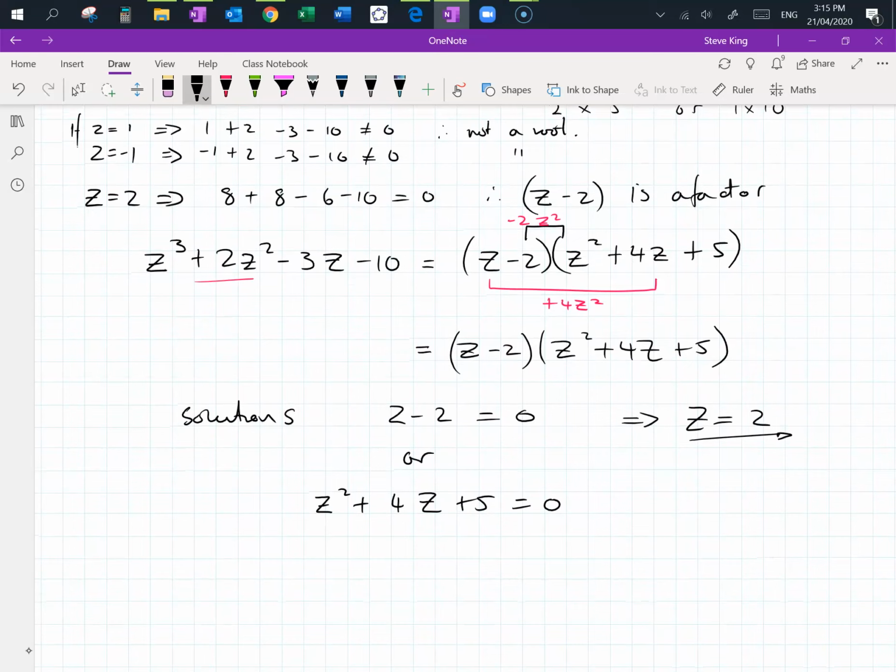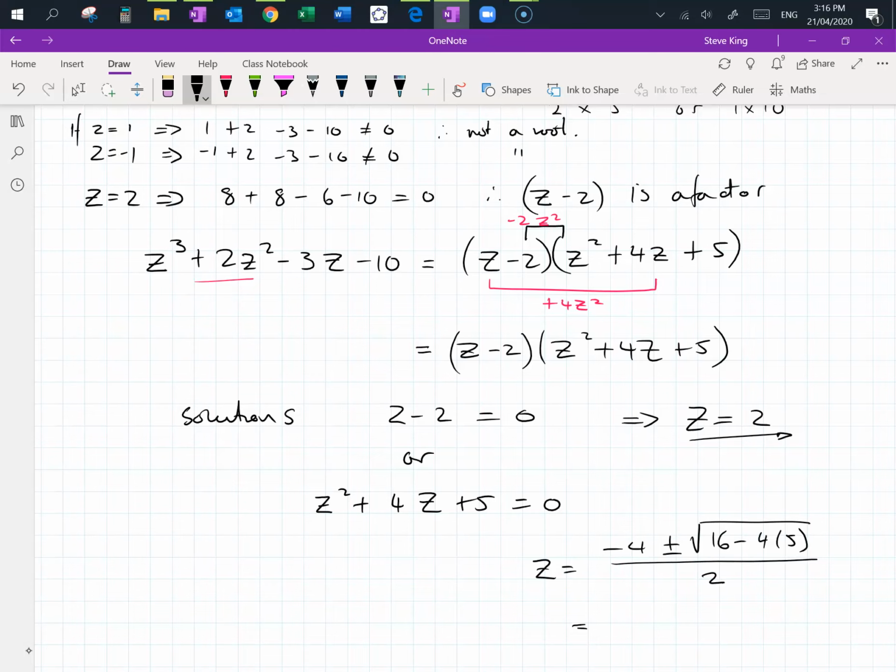This one over here, I'm going to have to use the general quadratic formula. z is going to equal minus 4 plus or minus the square root of 16 minus 4 times 5, all over 2. And so z is going to be minus 4 plus or minus the square root of minus 4, all over 2.